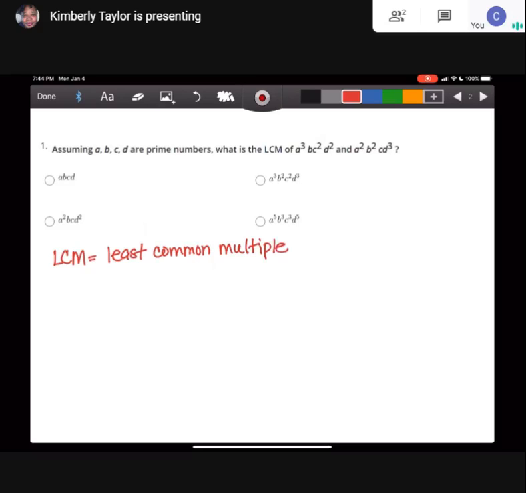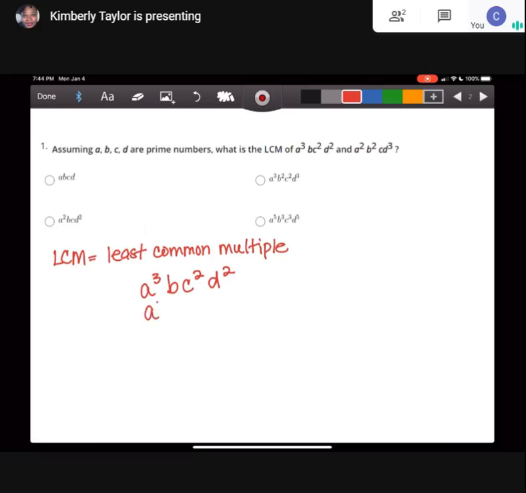So basically, they just want to see what do these two expressions have in common. So they want to know what's the smallest thing that they have in common. I'm going to show you an easy way to find out. So the first expression is A cubed, B, C squared, D squared. And then I'm going to put the next one right below the first one.